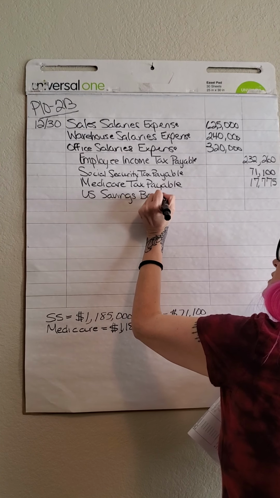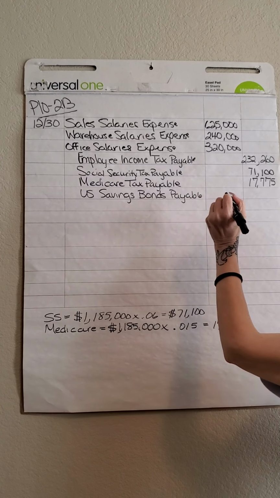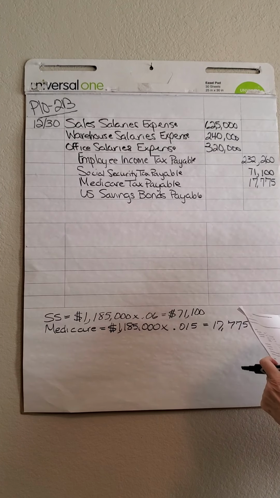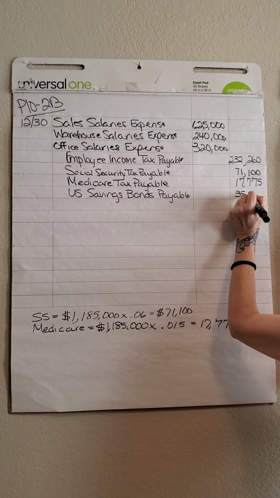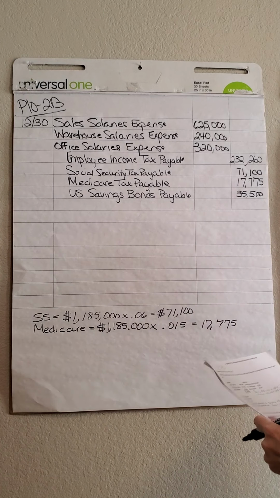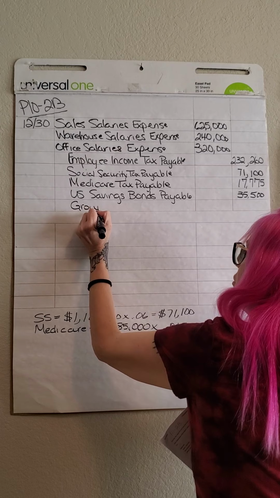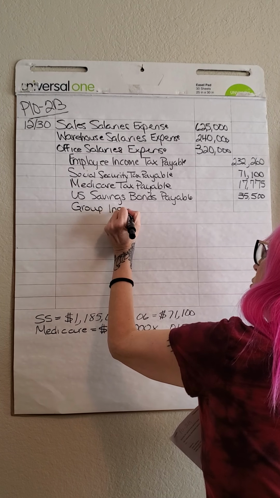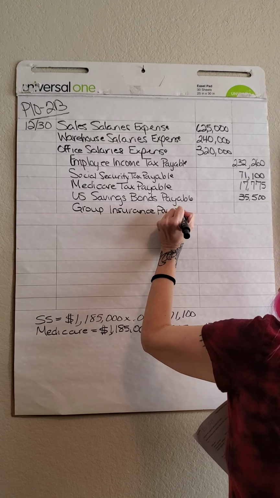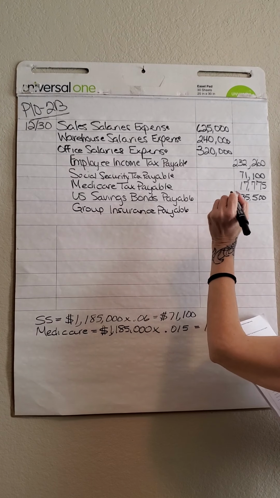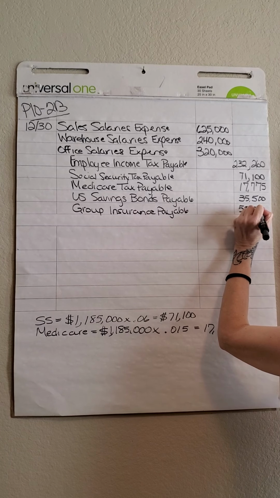That's taken right out for the employees, but they give us that in the problem, and that is $35,500. And then the last deduction that they take out is group insurance payable. And the problem tells us that that is $53,325.